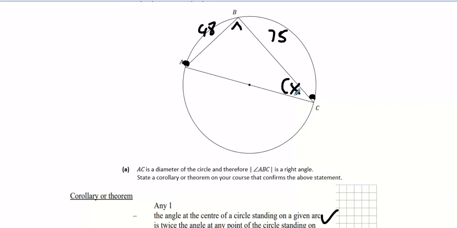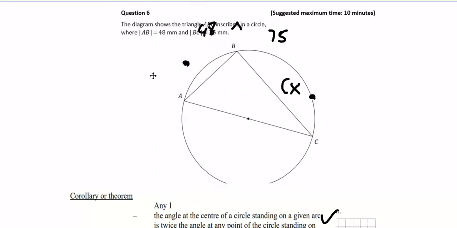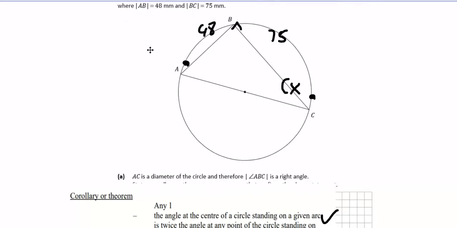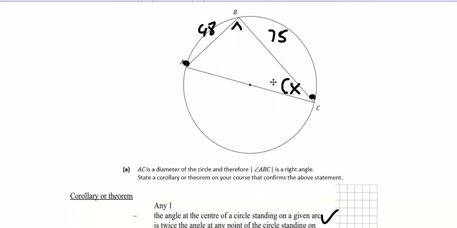Okay, so what we can say is that tan x equals 48 over 75, because 48 will be the opposite and 75 will be the adjacent. So tan x equals 48 over 75.